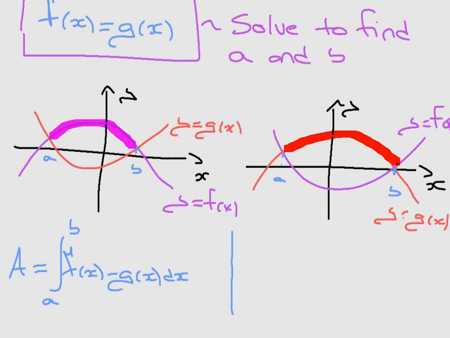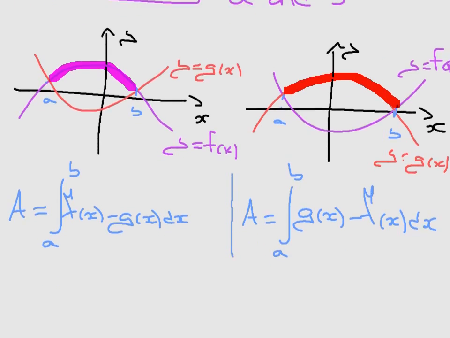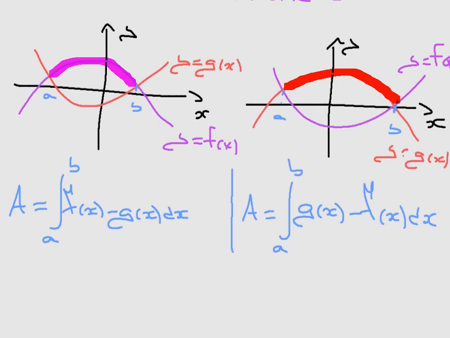Whereas in the second case, when g of x is higher up than f of x, the area will be equal to the definite integral from a to b again, but in this case it will be of g of x minus f of x. In other words, what we always have to make sure of is that we're always subtracting the curve which is lower from the highest curve.